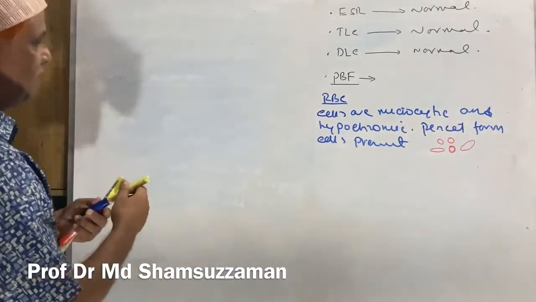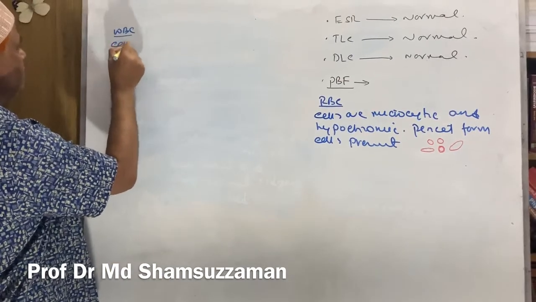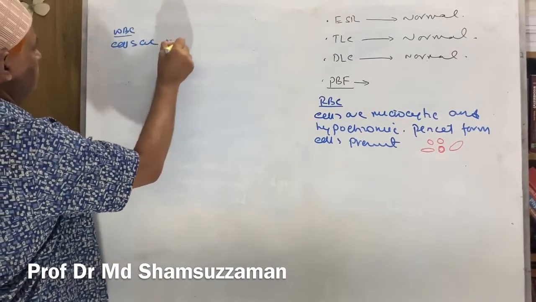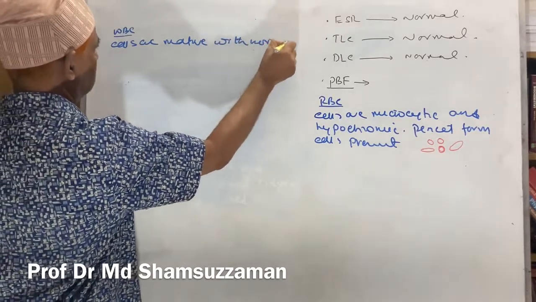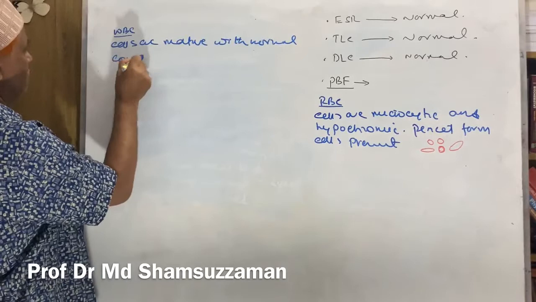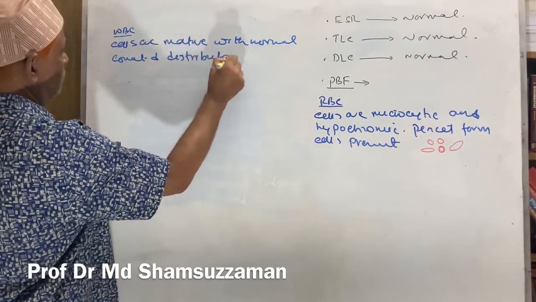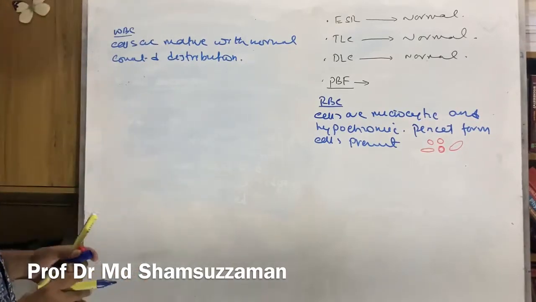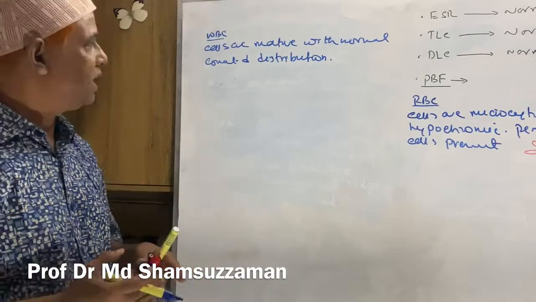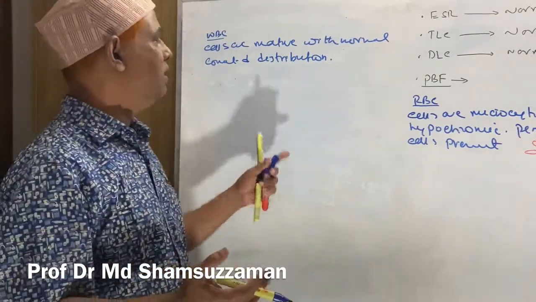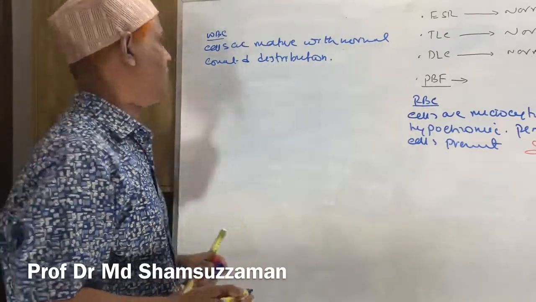Now come to WBC series. Cells are mature with normal count and distribution. What does it mean? The count of WBC is within normal, within 4,000 to 11,000 per cubic millimeter of blood, and distribution is normal. It indicates it is not a disease of WBC, rather it is a disease of RBC.